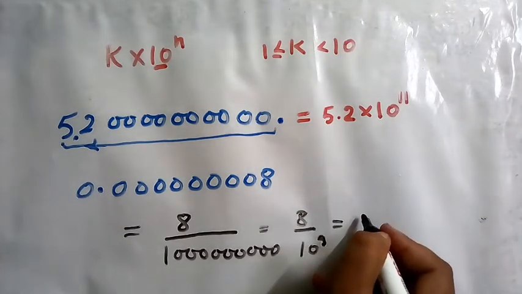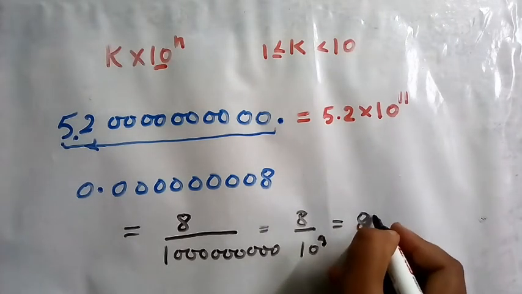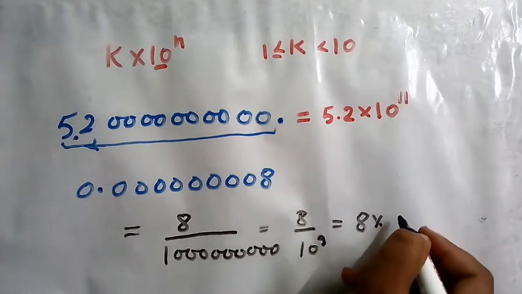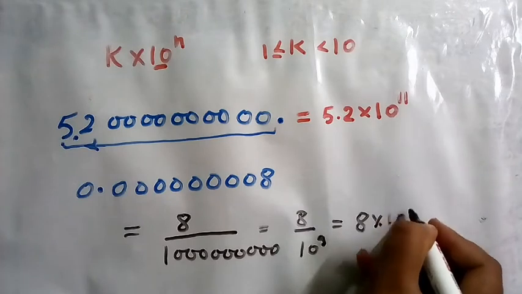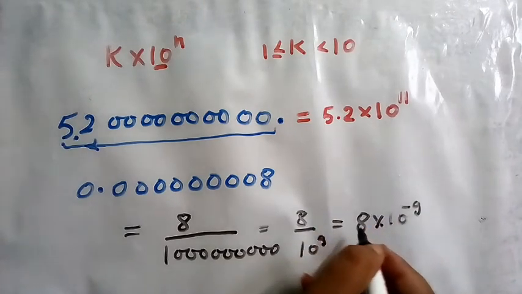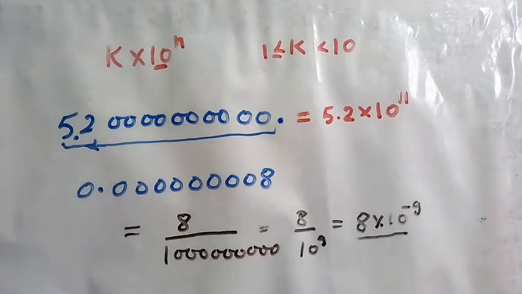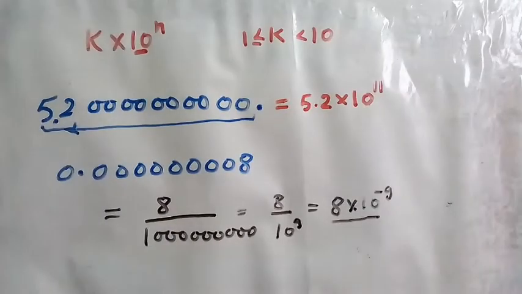This will be equal to 8 multiplied by, when we take it to the numerator, the power will become negative, 10 raised to power minus 9. Means when we are representing a very small number, the power will be negative. You can write it directly, no need to do in-between calculation.